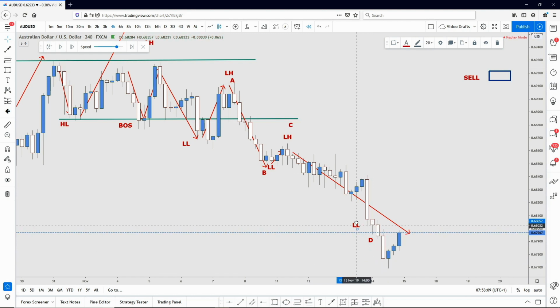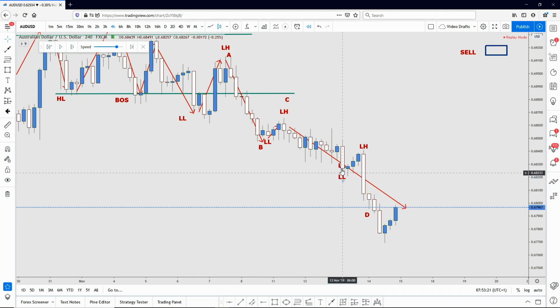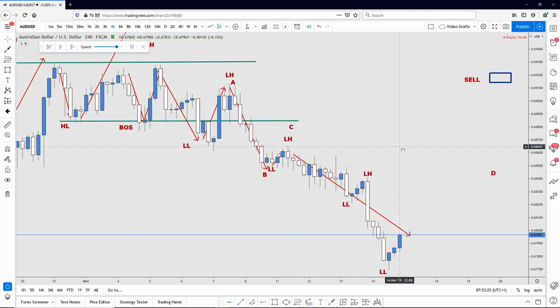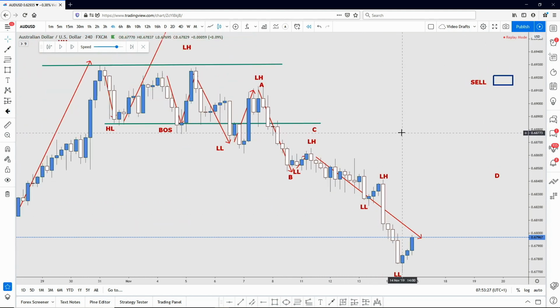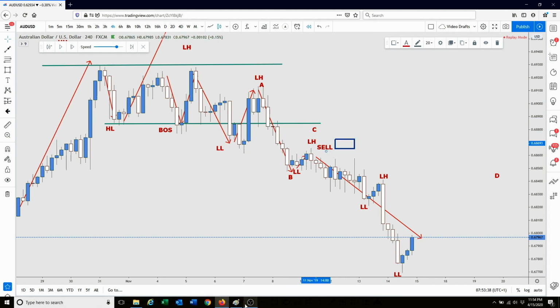I guess we can label this as a lower low, this as a lower high over here, and we'll just label this as lower low. So now, say we sold from here. This was the old point C. Say we sold from here.